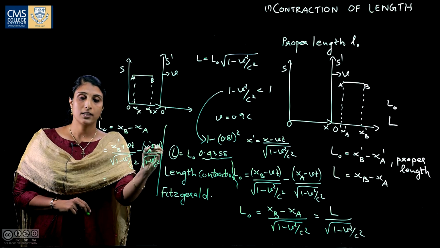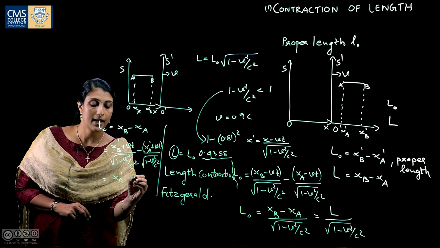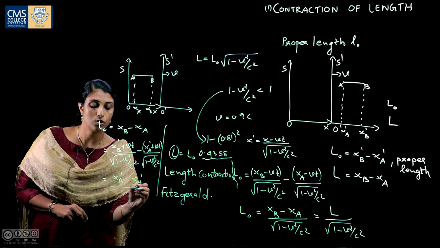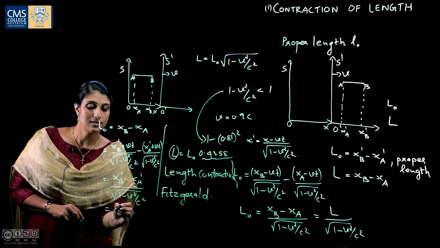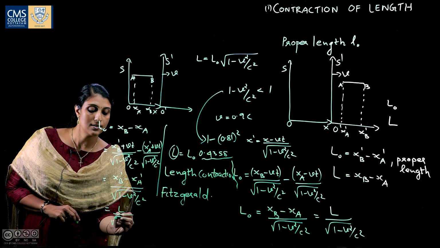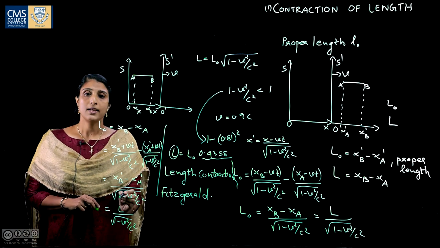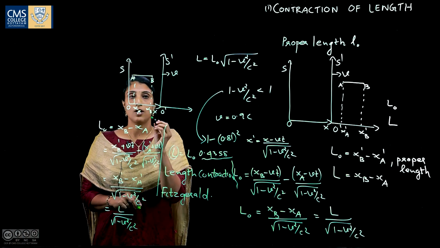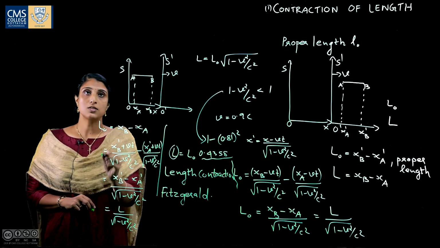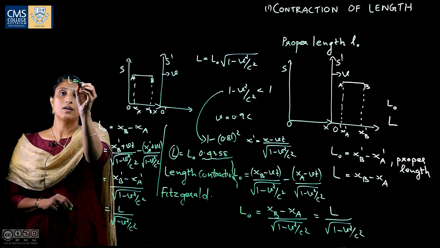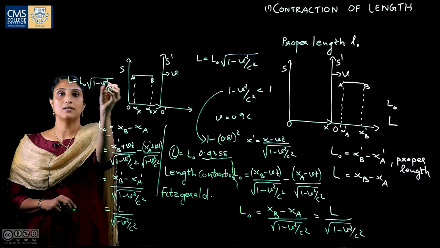Now, on simplifying the numerator, we got XB dash minus XA dash by root of 1 minus V square by C square, that is L by root of 1 minus V square by C square. L is the length of the rod measured by an observer in the S dash frame. Okay, here also we got L equals L0 into root of 1 minus V square by C square.